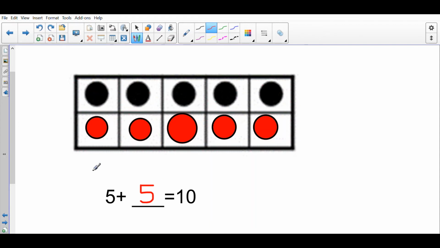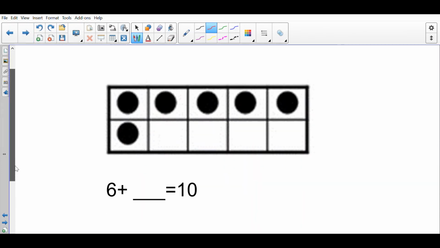There were 5 dots on the bottom, just like there were 5 dots at the top. And if we know that there are 5 dots on the top, we know that there's also going to be 5 dots on the bottom of our 10 frame. Isn't that cool? 5 dots on the top row, 5 dots on the bottom row. Great job. All right, let's go to our next 10 frame.